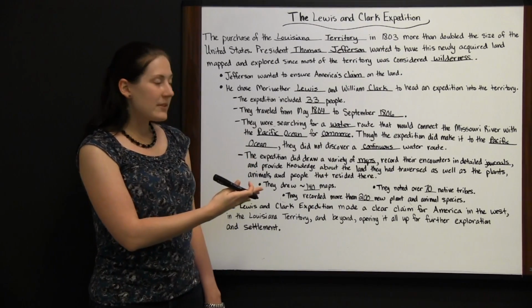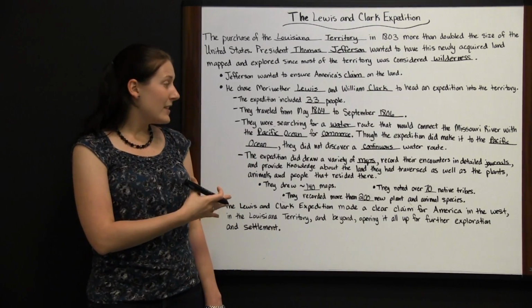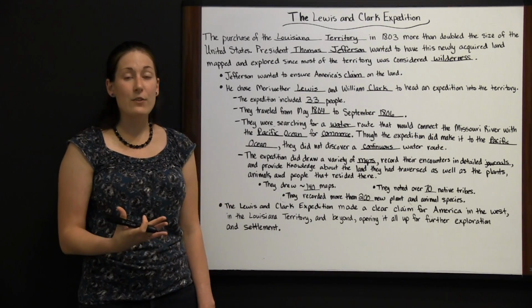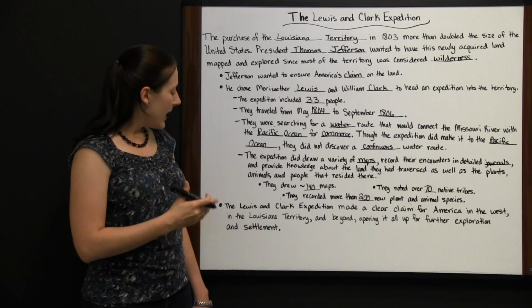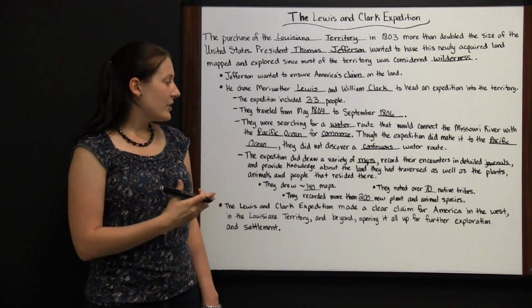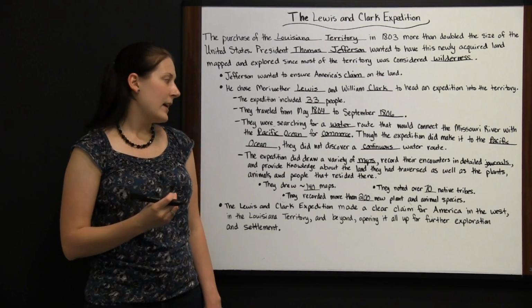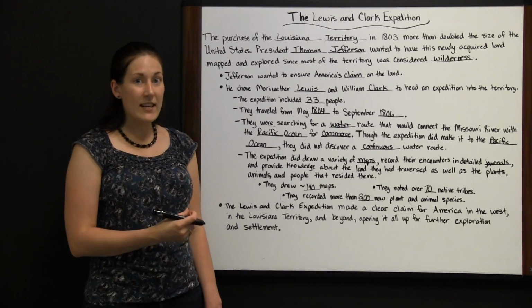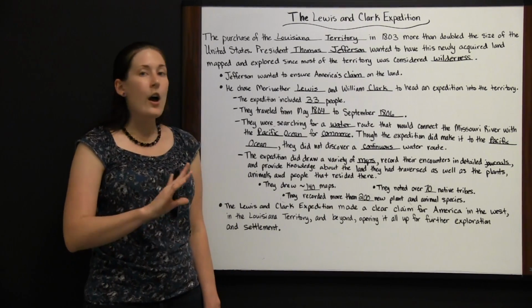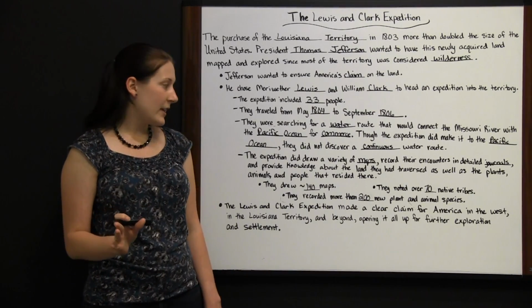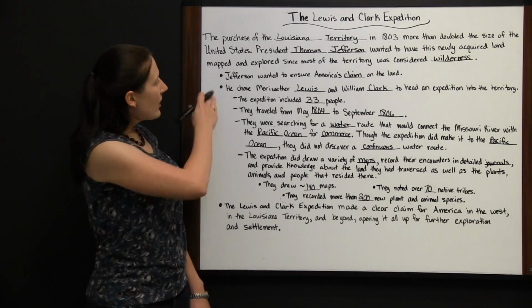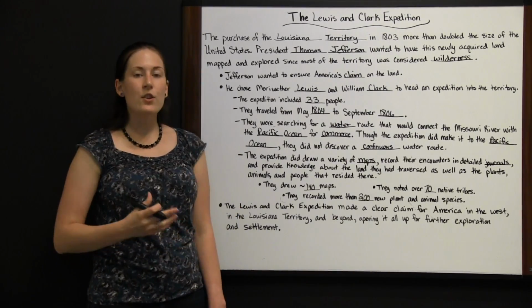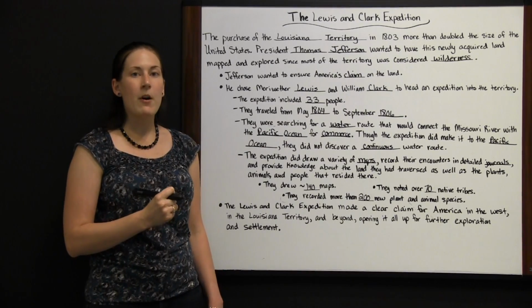They drew these maps, they noted over 70 native tribes, they discovered lots of new plants and animals that had not been found in America before. And the Lewis and Clark expedition made a clear claim for America in the West, in the Louisiana Territory, and beyond, opening it all up for future expedition, future exploration, and settlement. So Jefferson did accomplish what he wanted to with putting a clear American claim on the land.